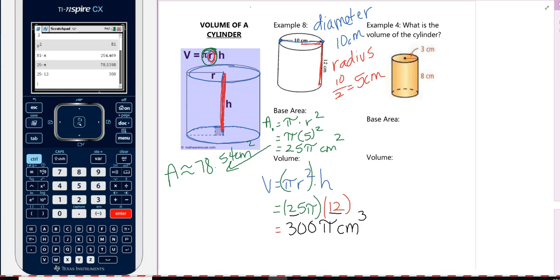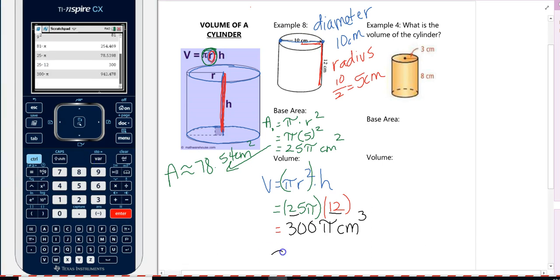If it does ask you to round, you can use that little pi button on your calculator. You could also multiply 3.14 and just round our decimal to the nearest tenth. So it'd be 942.48 centimeters cubed.